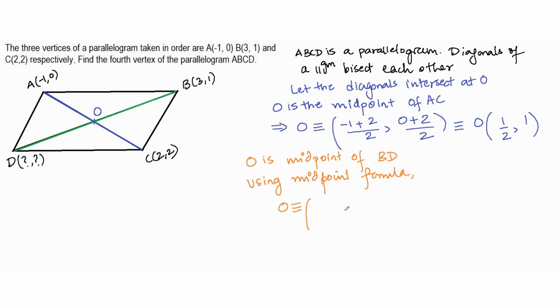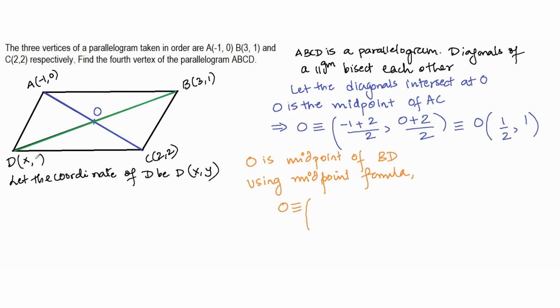So the midpoint of BD is going to be, let the coordinates of D be (x, y). So we can mention that here. Let the coordinate of D be D of (x, y). Therefore, I would write an x here and a y here.